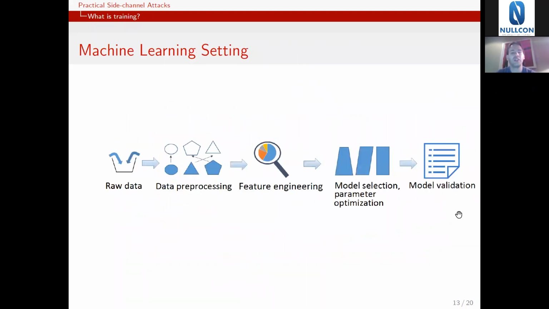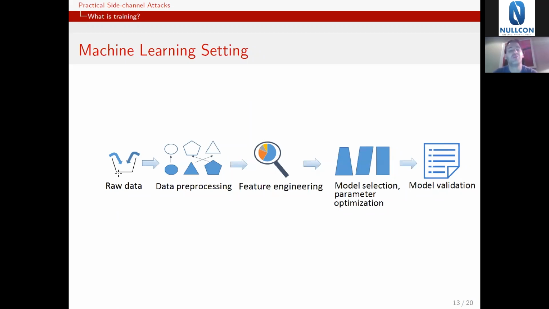In essence, with the machine learning setting in our course, I will guide you through the full life cycle of running profiled attacks. So what will be the full life cycle? We would start with the raw data, so measurements, for instance, obtained from the device.